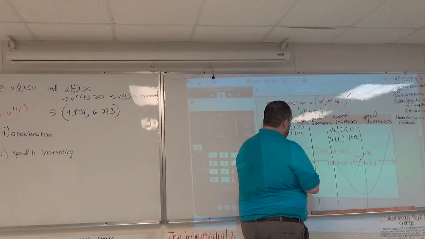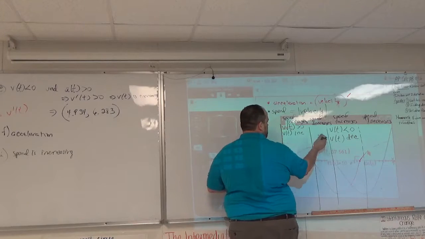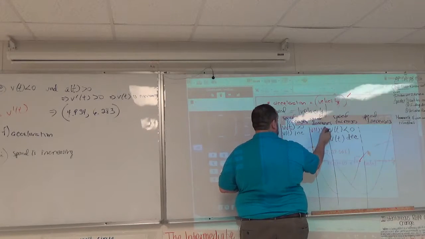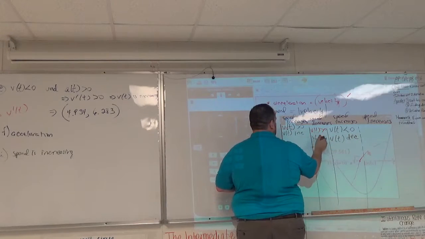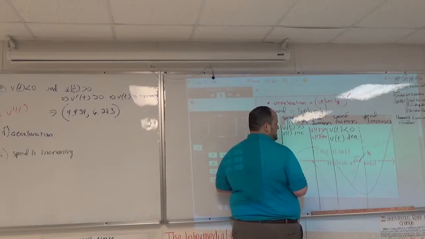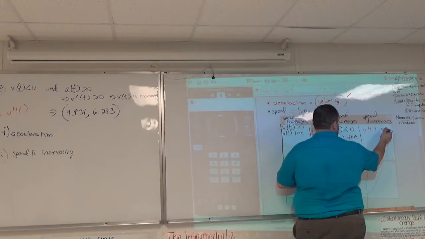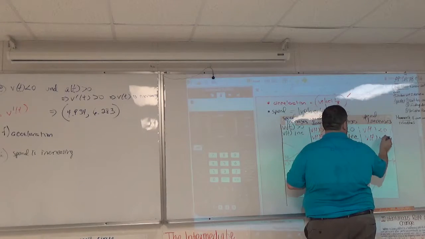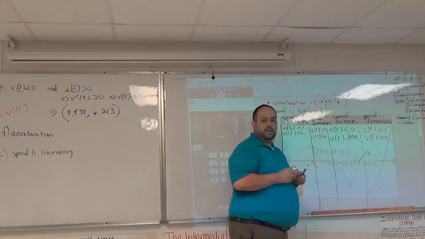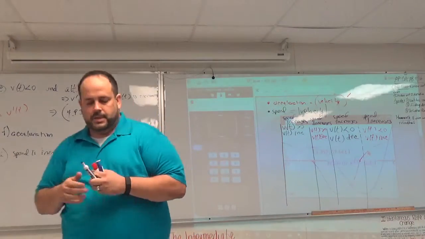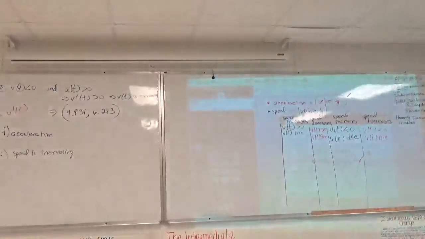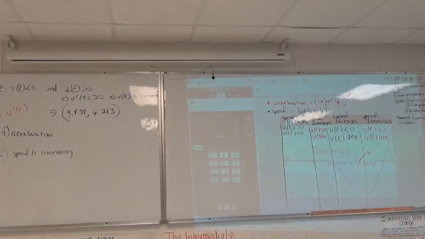On the decreasing interval, if I'm describing velocity, we could say velocity is positive and velocity is decreasing. Over here I can say velocity is negative and velocity is increasing. So let's see how well we can do with this. If the velocity is positive and decreasing, what do we know for sure about speed?